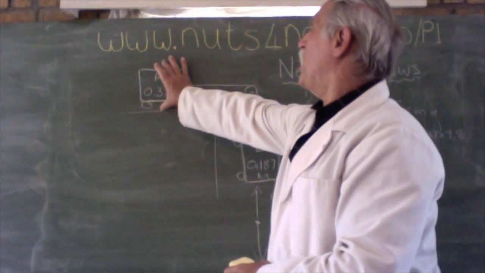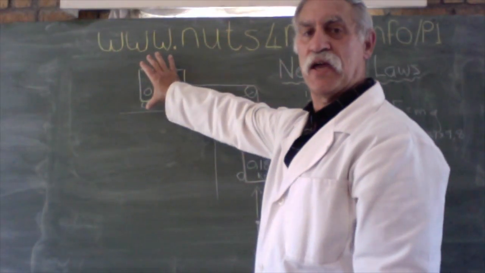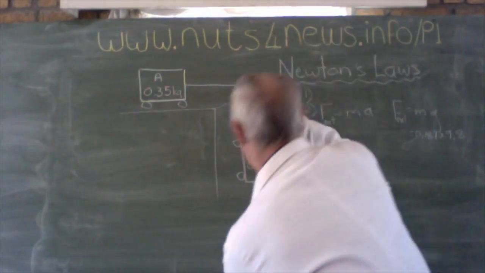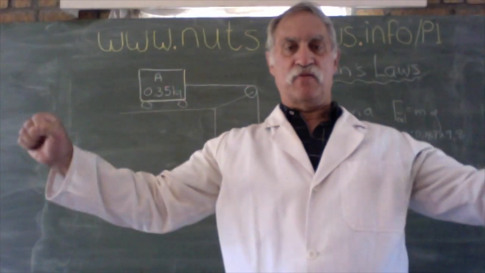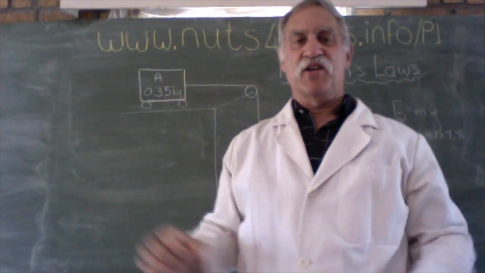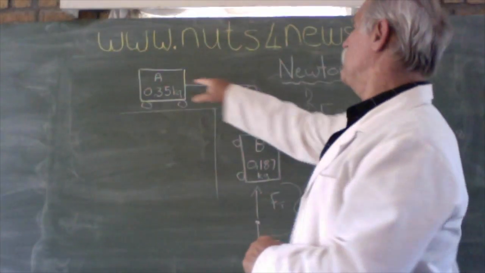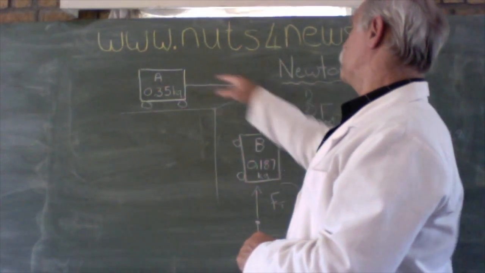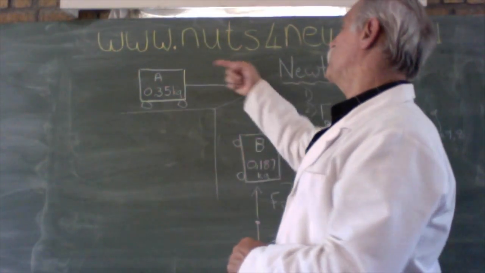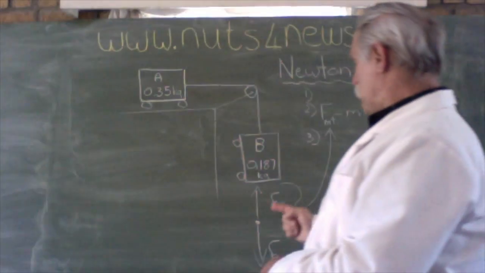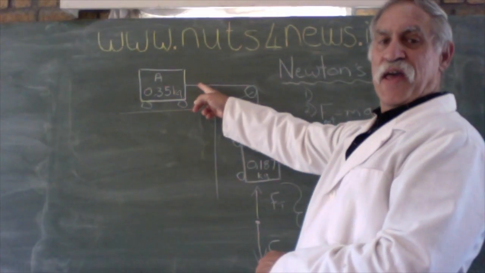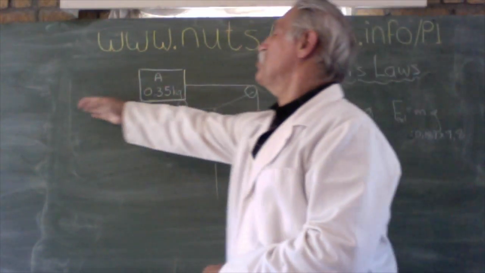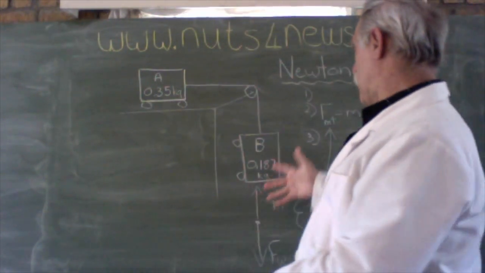Then we can go and apply Newton 2 to just A, because the tension in the string, if B pulls on A, A pulls on B. That's a case of Newton 3. So we have Newton 3 in operation here because B pulls on A, the tension in the string is the same as A pulls on B. So once we've calculated the tension in the string, we know the force here. And if there was friction to the left, we could again apply a similar thing.